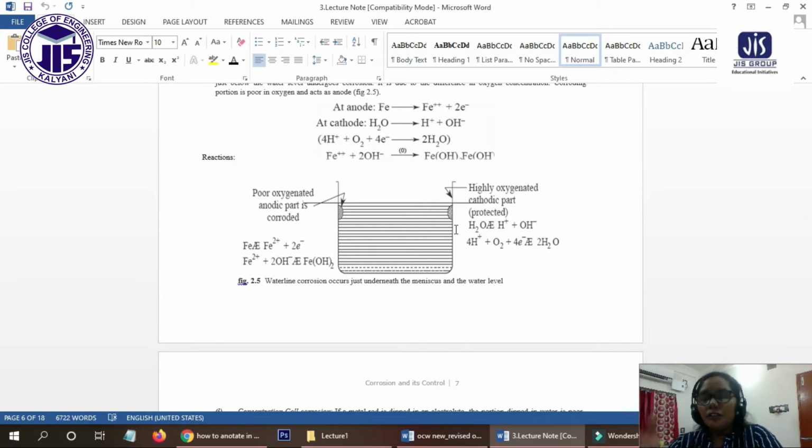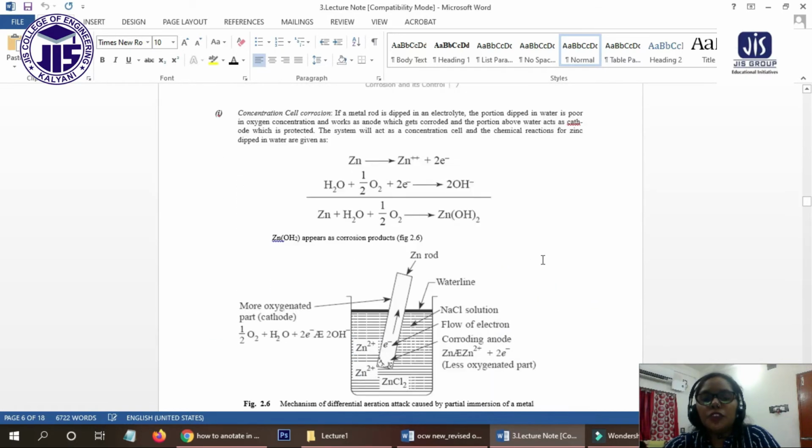This difference in oxygen concentration will cause the corrosion. The corrosion takes place just below the water level, which is why it's called water line corrosion. So this is another type of corrosion.